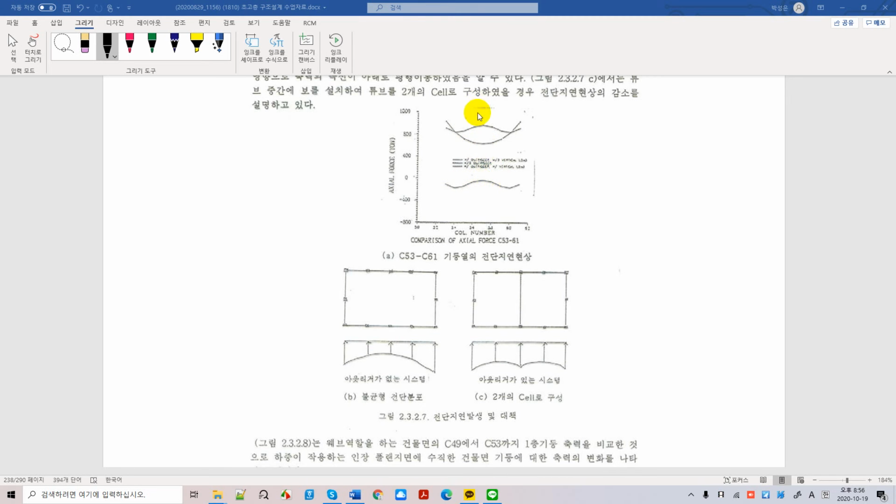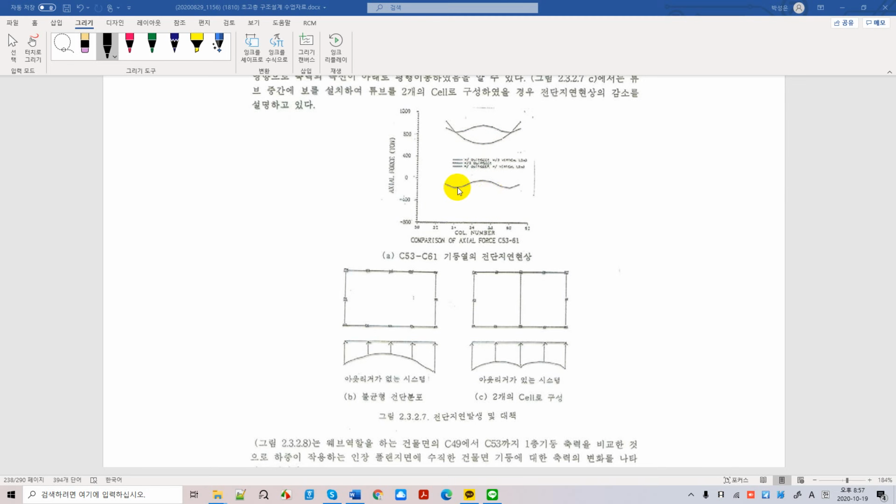And if you don't have a bundled tube, any intermediate frames, your compression load distribution is very non-uniform, whereas you have a uniform distribution of vertical load when you have intermediate frames. Now you understand what this distribution means to you with intermediate frames and without intermediate frames.